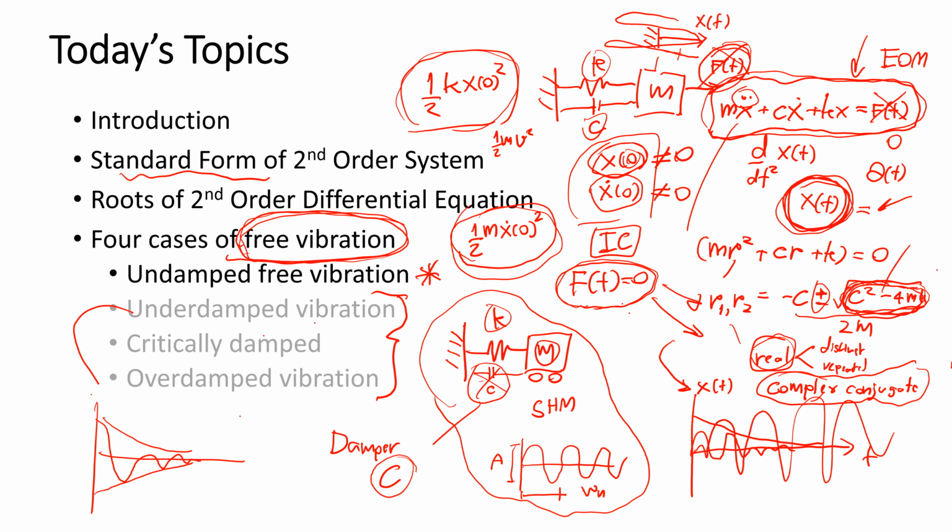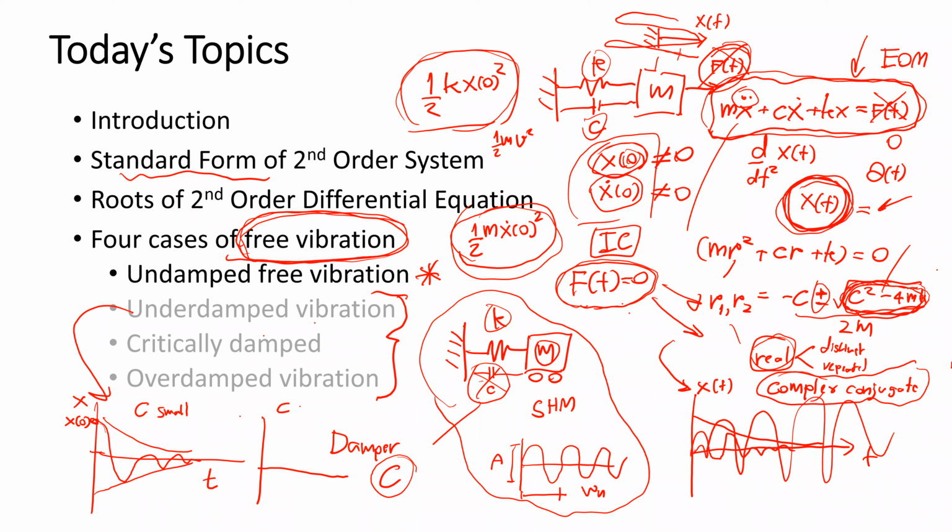This case is maybe the underdamped case, when C is small. When C is very big, bigger than one value, you are not going to see the vibration. Here we can call x when time t equals 0, x0, which is non-zero.